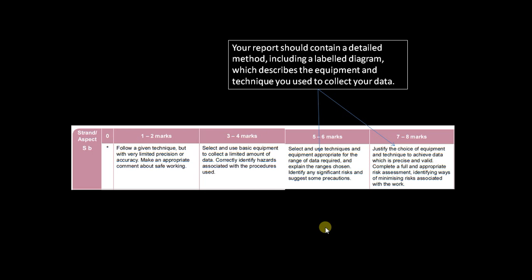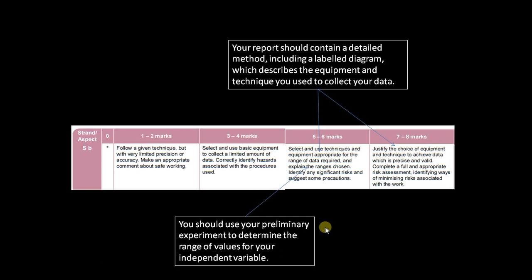If you're using an ordinary analog thermometer, the precision is probably no better than plus or minus 1 degree Celsius, perhaps 0.5 degrees Celsius if you're lucky. But if you have access to a modern digital thermometer, the precision is much better, perhaps to the nearest 0.1 degrees Celsius, which improves the precision of your experiment.